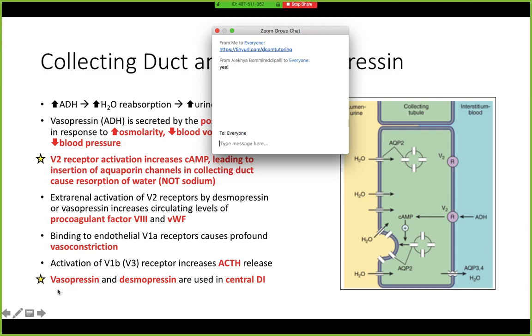Also, something that he had in red is the fact that vasopressin and desmopressin are used in central diabetes insipidus.